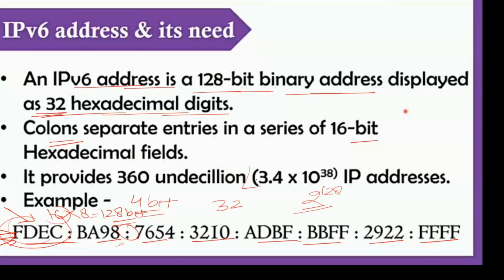If in future the smart AC, smart fridge, smart chair, smart table, everything becomes smart, then this IP space will be sufficient for that also. This many IPs we have in IP version 6. Right, so this is IP version 6.